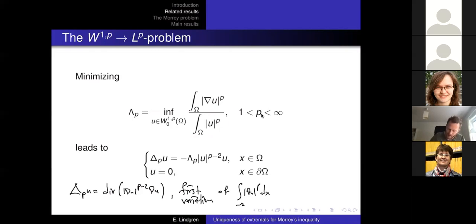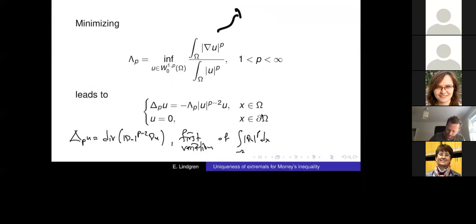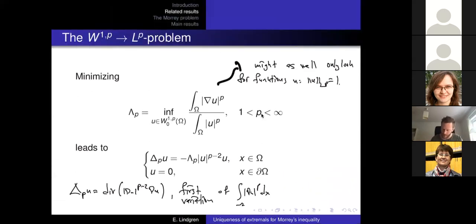So you might as well only look for functions u with the L^p norm equal to 1, since you can always multiply with a constant so that you obtain this.